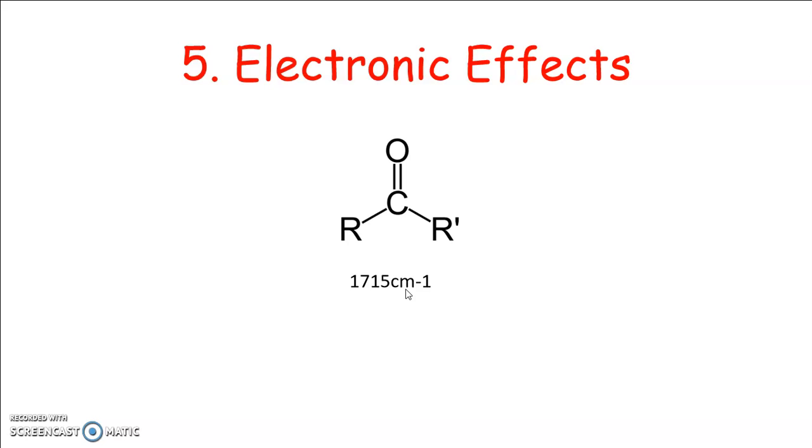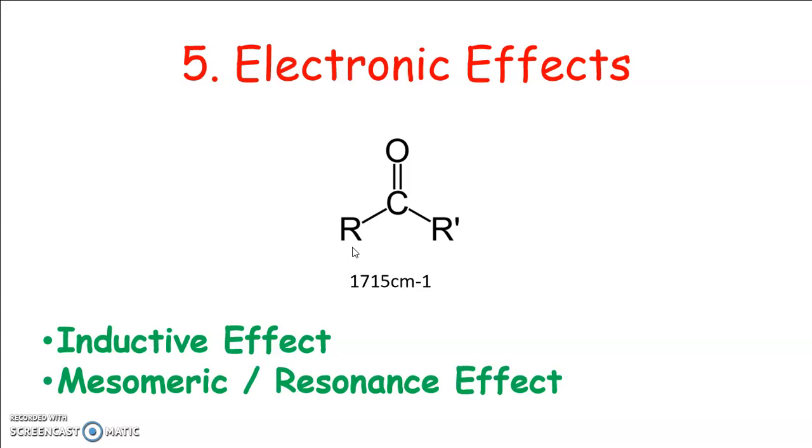The change in environment of the carbonyl can either decrease or increase the absorption frequency. That is, if we replace the R or R dash by a heteroatom, the CO absorption shifts, which depends on whether the inductive effect or the mesomeric or resonance effect predominates.